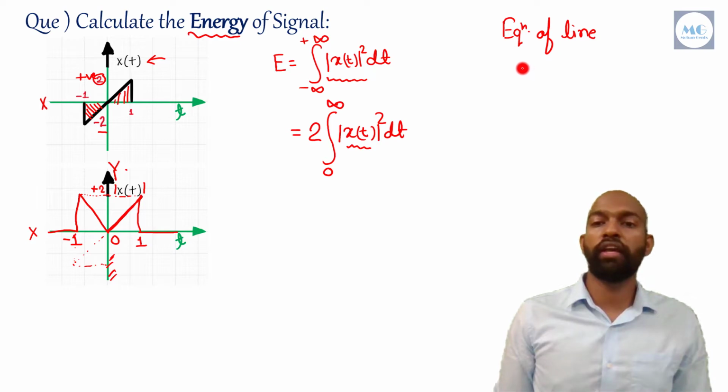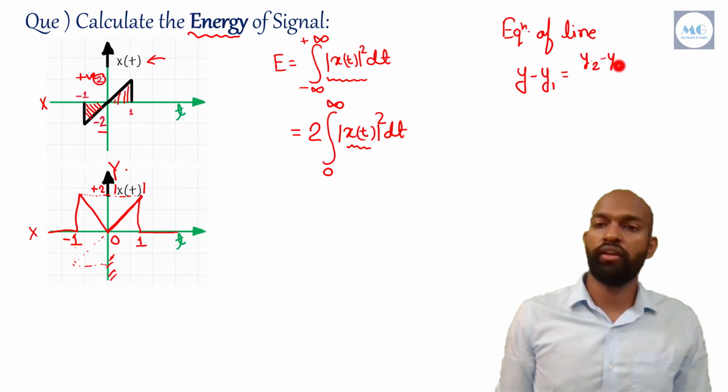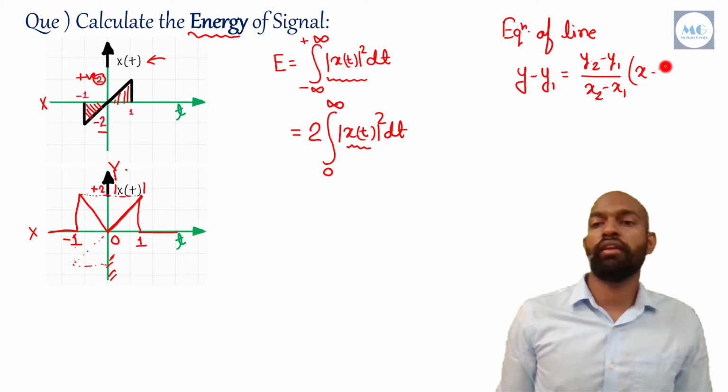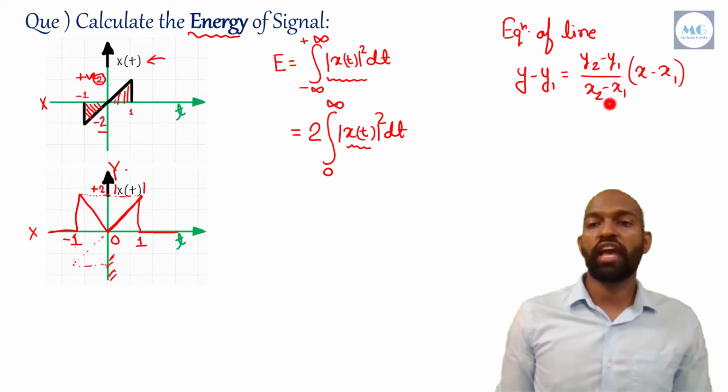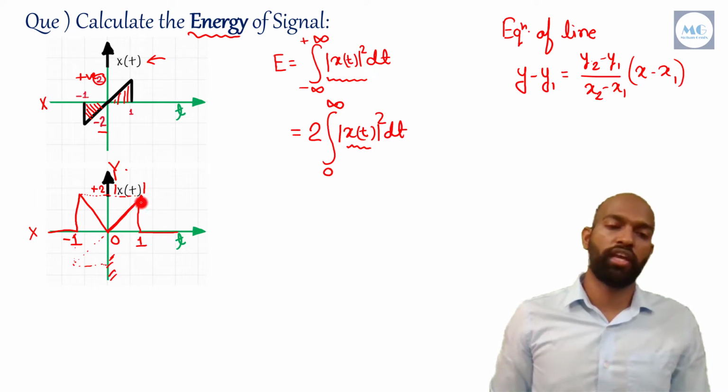One method is by this formula: y minus y1 equal to (y2 minus y1) by (x2 minus x1) into (x minus x1). So what are x1, y1 and x2, y2? x1, y1 and x2, y2 are two points of the line.